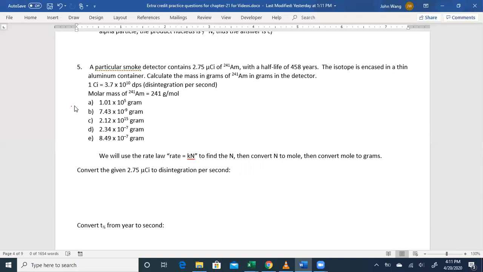I want to calculate the mass in grams of Am-241 in the detector. So what do we do?